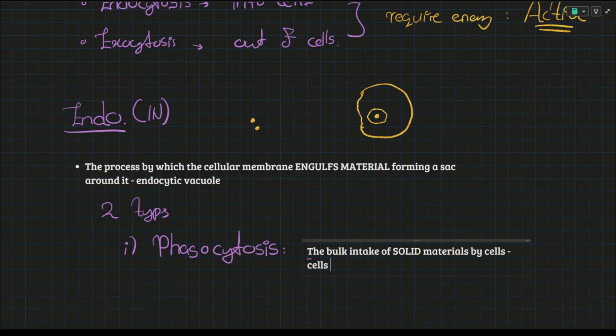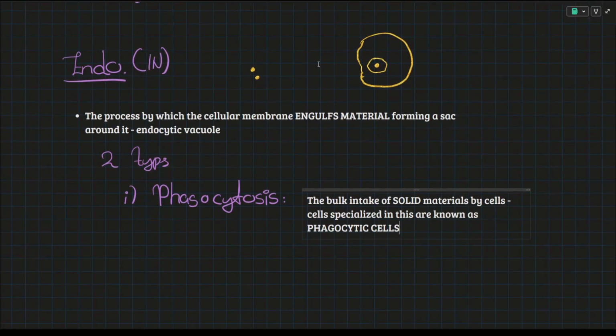Cells specialized in this are known as phagocytic cells. And what's the second type of endocytosis?